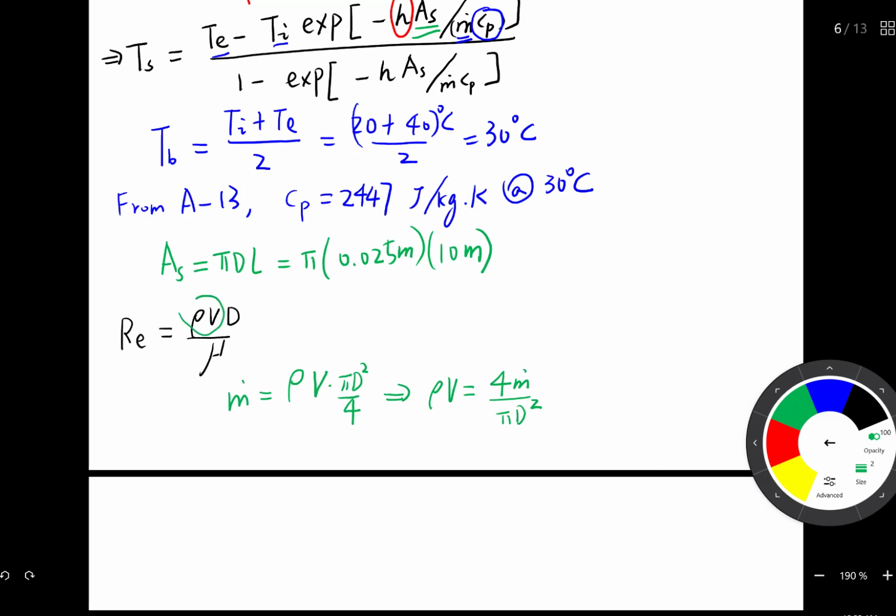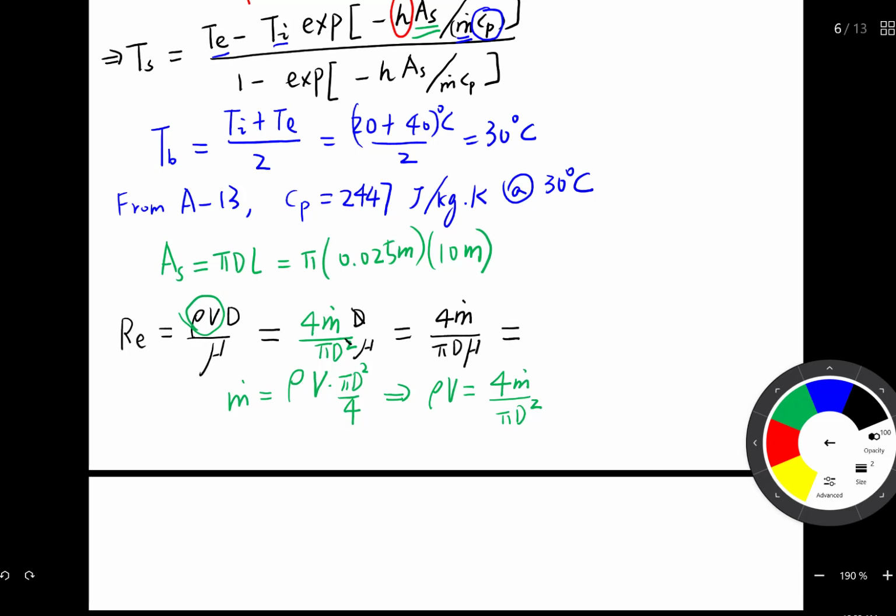So this is rho v. And there's another d, there's the dynamic viscosity. d and d cancel out. So this is 4m divided by pi d mu.